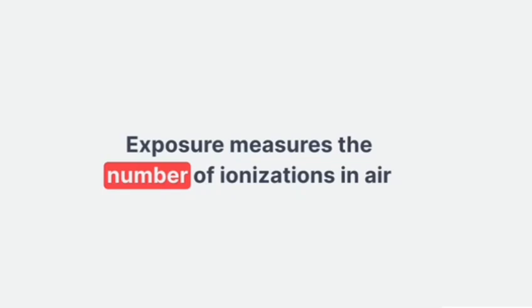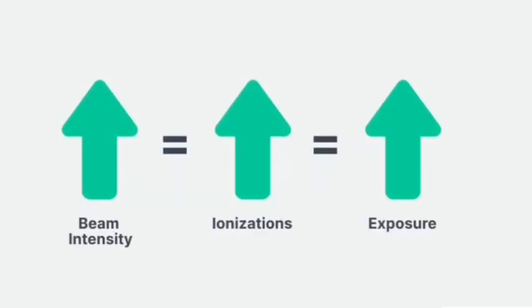So why do we care about this? Well, it's really hard to count the number of photons in air, but we can count the number of ionizations in air. And that's why exposure is used to measure the X-ray beam intensity. If we do anything that increases the intensity of the X-ray beam, this is going to create more ionizations in air.